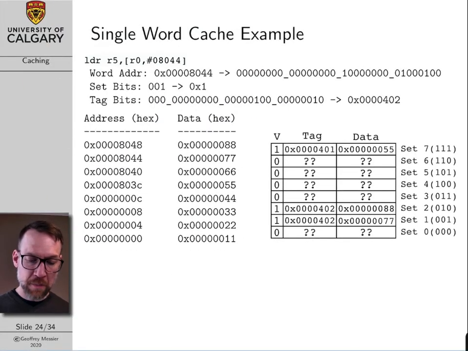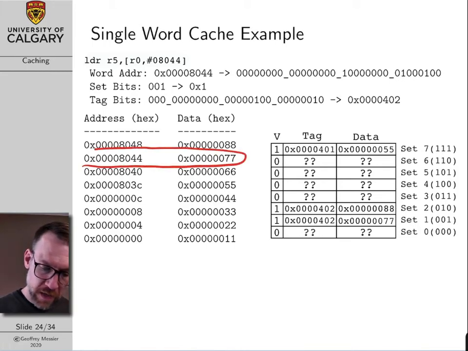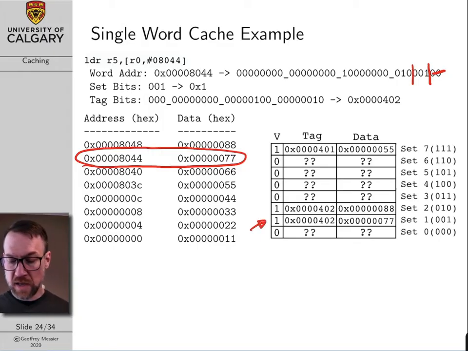And then the last example is 8044. That's this location. When we look at the binary version of our address, we see that our set bits are equal to 1. That set already contains data from the very first load word command that we issued.